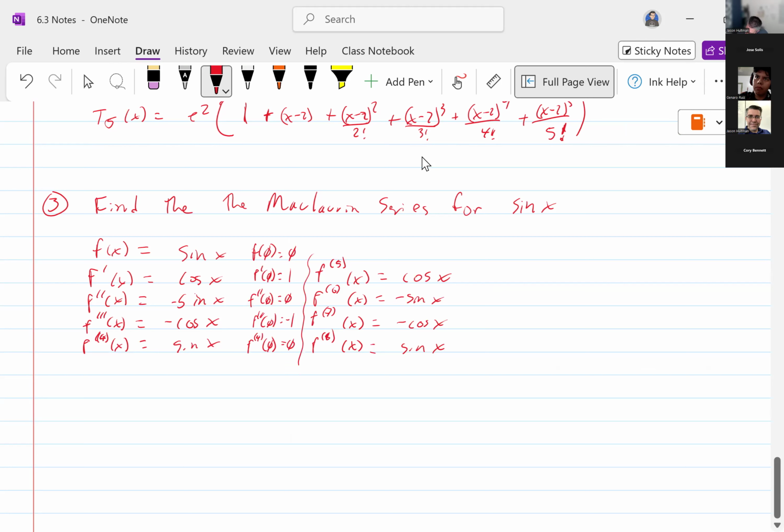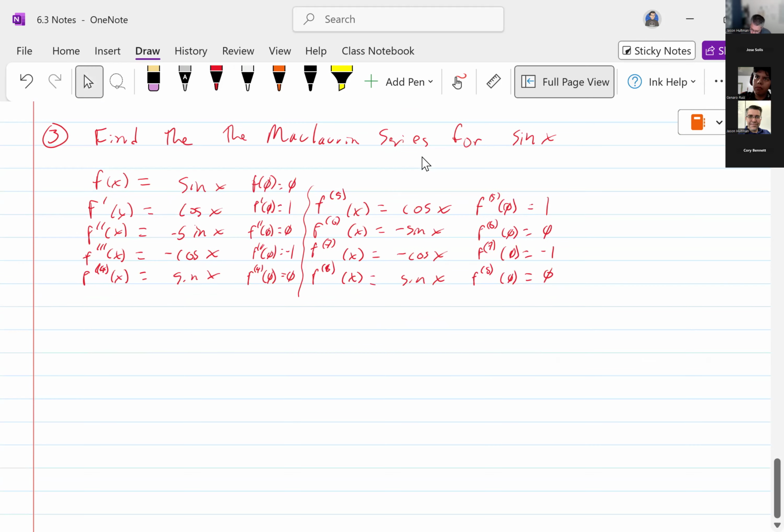Okay. And then the fifth derivative evaluated at 0 is equal to 1. The sixth derivative evaluated at 0 is equal to 0. The seventh derivative evaluated at 0 is equal to negative 1. And the eighth derivative evaluated at 0 is equal to 0.